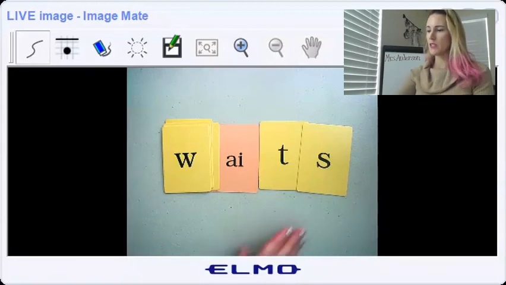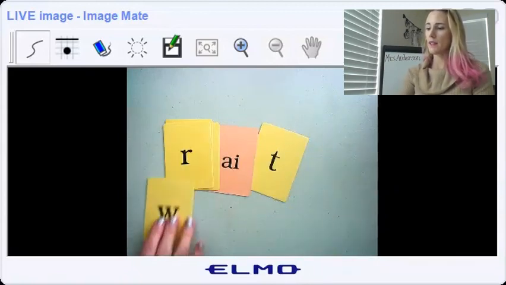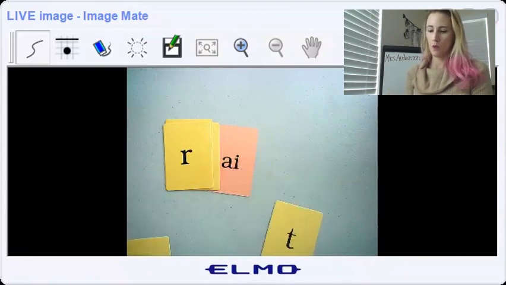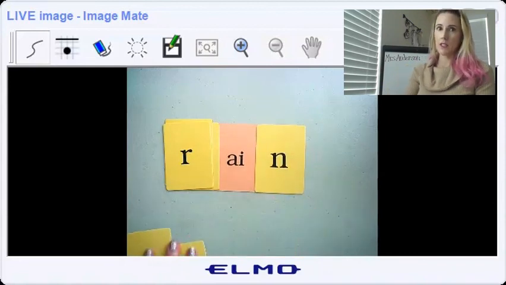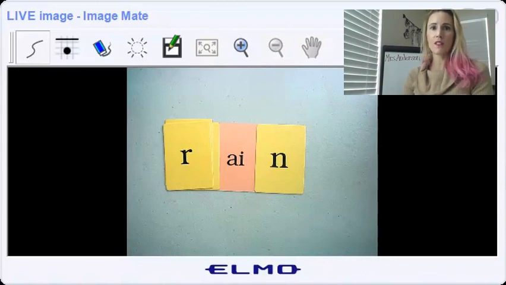So what you'll notice in words like wait, and we had a word like rain, this time the AI was not at the end of the word. So for the words that we're looking at this week, when you hear the long A sound in the middle of the word, it's most likely going to be spelled with the AI spelling. We're going to take a look at our spelling a little bit more in depth next.